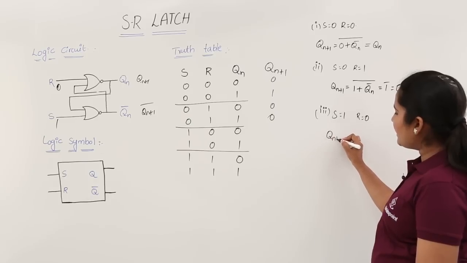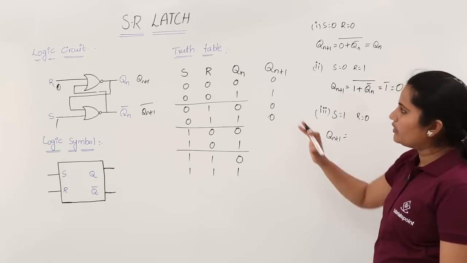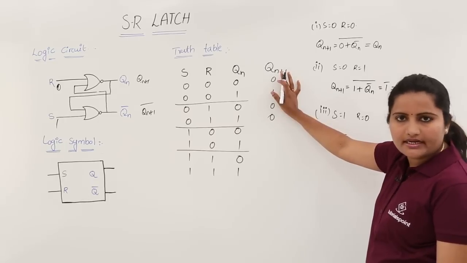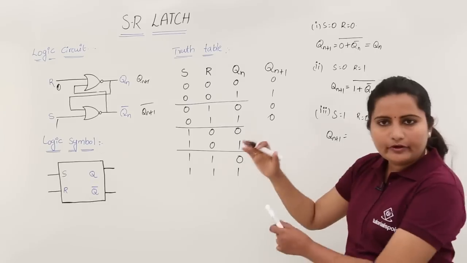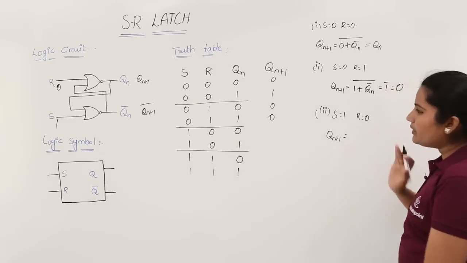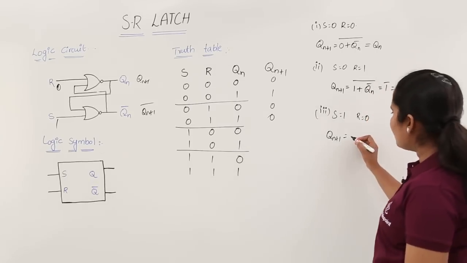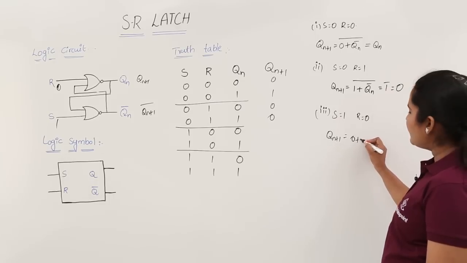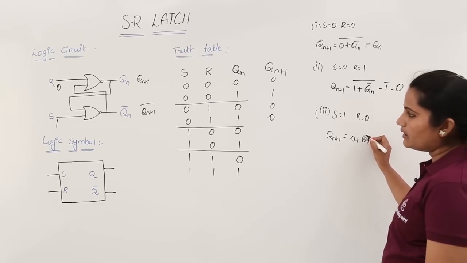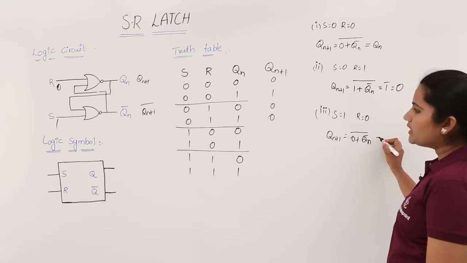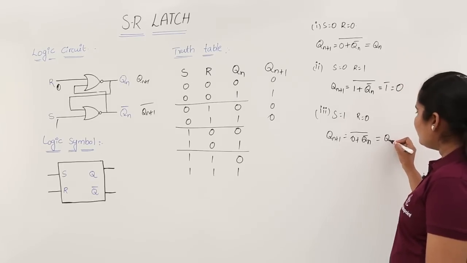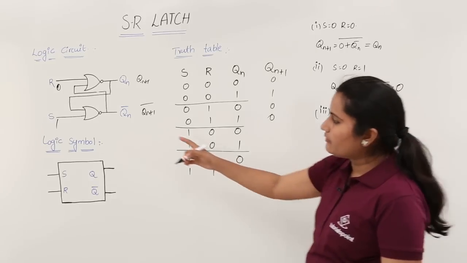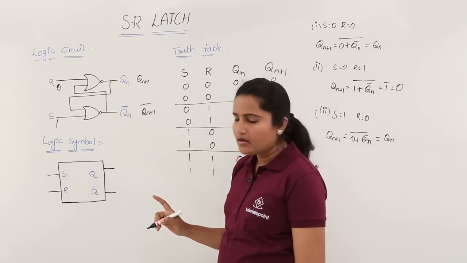Every time you derive your next state with reference to the present input and present state. So Qn+1 this time is equivalent to 0 plus Qn bar whole bar. So you are getting Qn, but you can also observe the complement path.